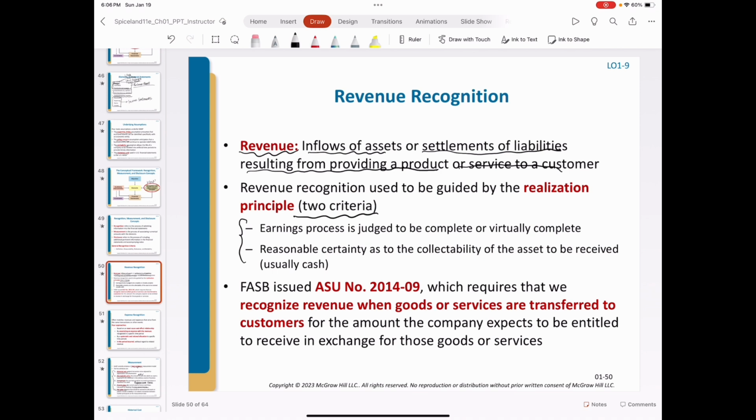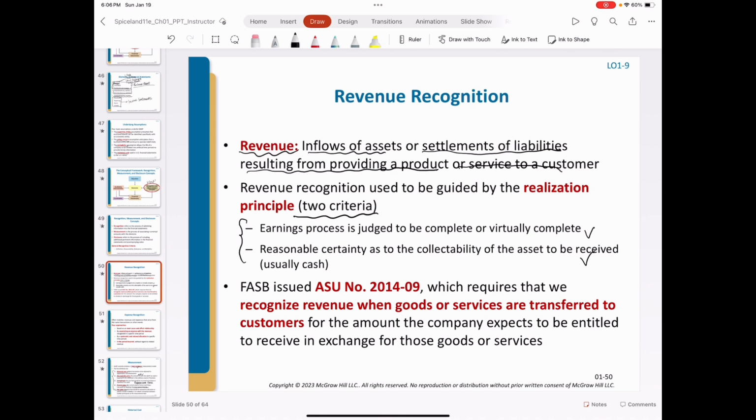We mention these two realization criteria because in reality we may encounter many complicated revenue recognition circumstances. The revenue recognition will be determined case by case.